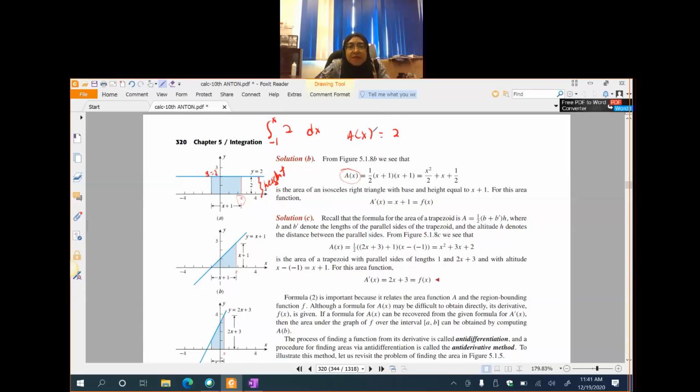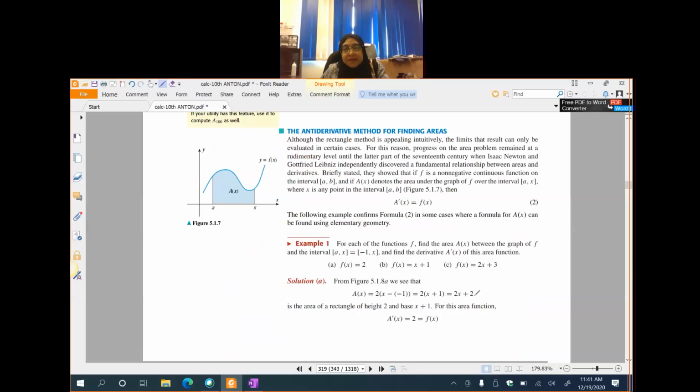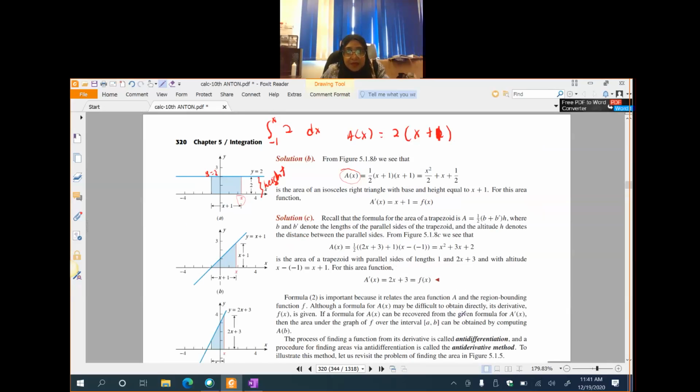The height is 2 multiplied with x plus 1. That's it, I think that will be the solution: 2 multiplied with (x plus 1). So if you differentiate this area function, A prime, you will get 2, which is the original function f.